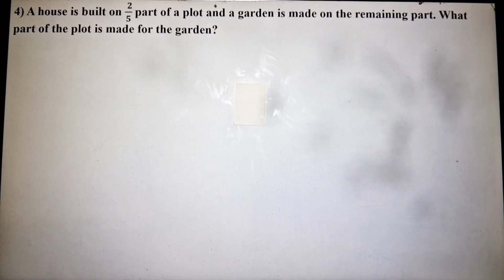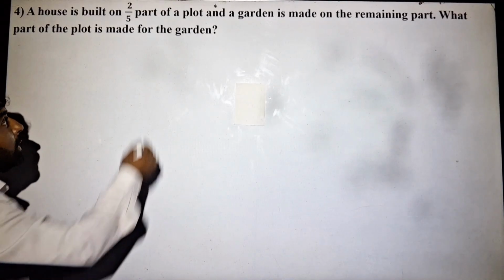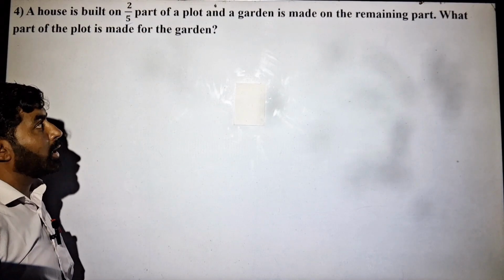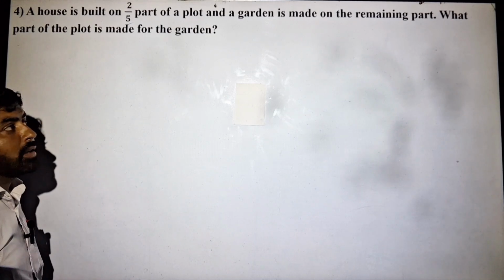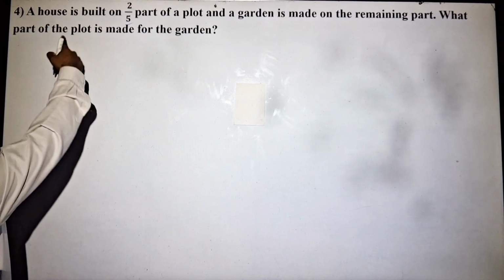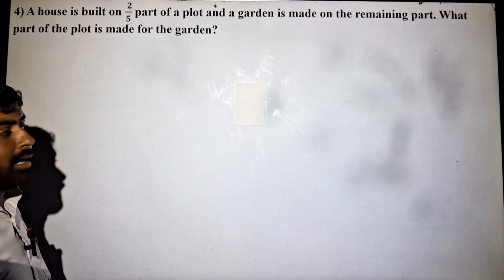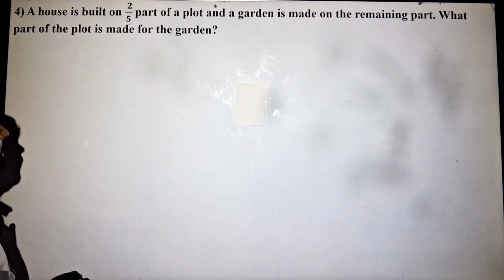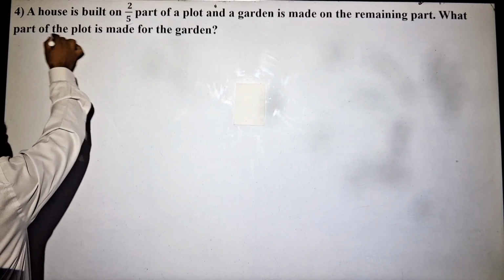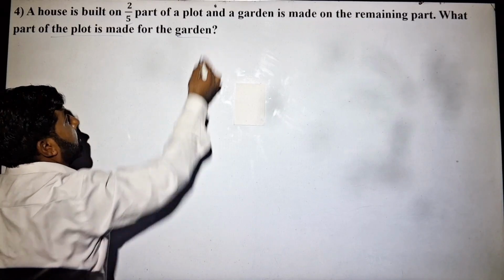Question number 4. A house is built on a 2 by 5 part of a plot, and a garden is made on the remaining part. What part of the plot is made for the garden? We ask what part of the plot is made for the garden.